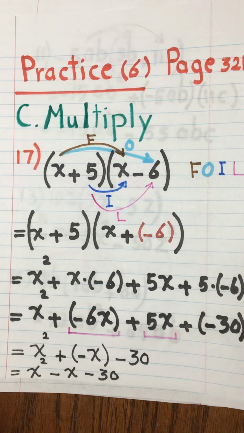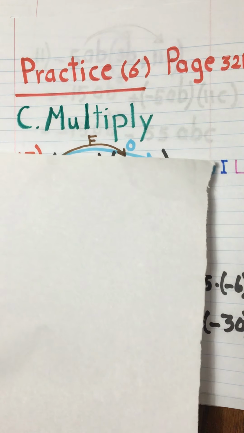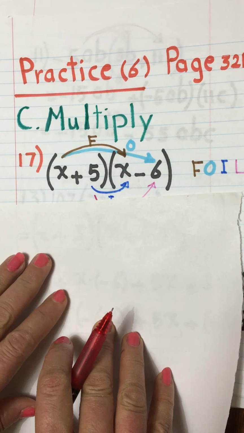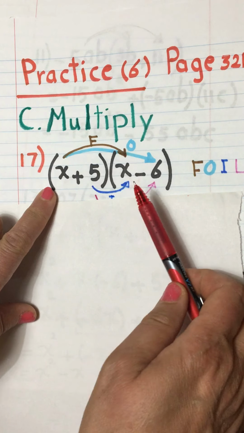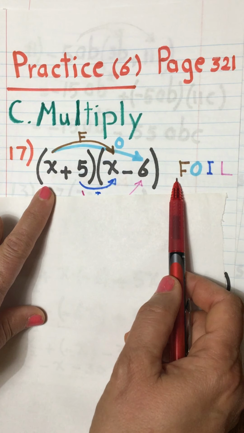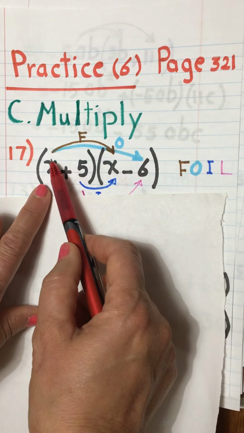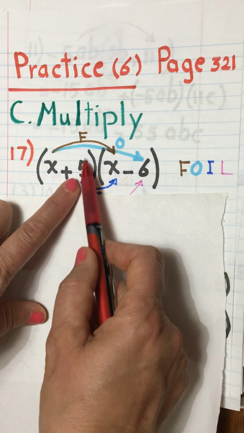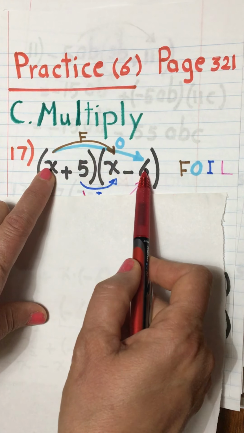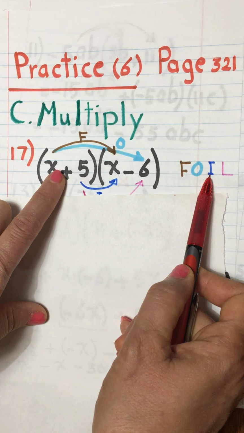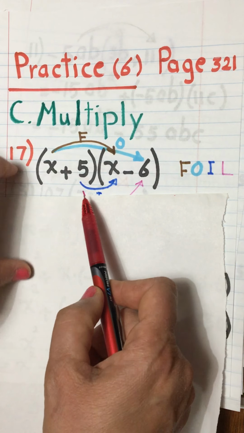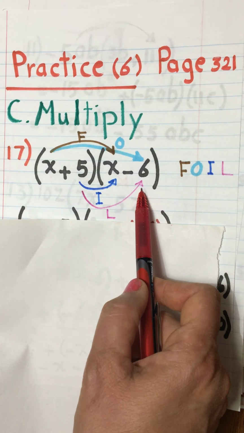Multiply. So practice 6. I'm going to multiply these two. If I look at these letters, FOIL means F, first terms, multiply them. O, outside terms. I, inner terms. L, last terms.